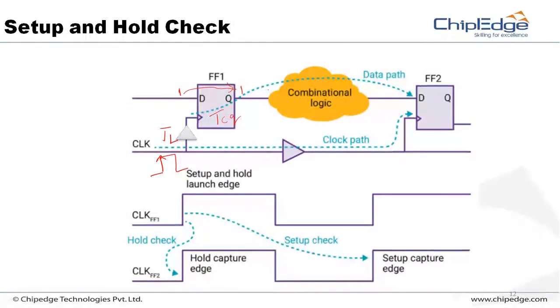Then here I now have 1 ready. This whole circuit inside, you'll have gates and the nets. They all constitute a delay. I will call it T combo, or T combinational of the circuit. So what is the time taken? TL plus TCQ plus T combo by the time it reaches here.